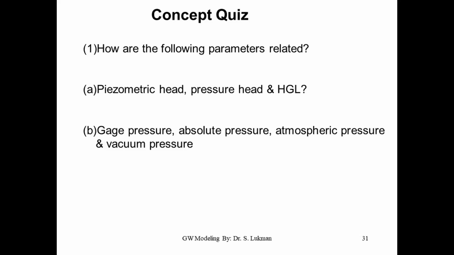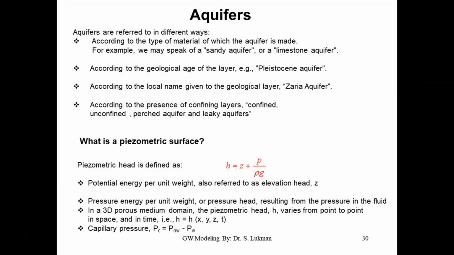I just finished explaining the piezometric head, isn't it? But even that, some of you didn't get it right, because we said piezometric head, it is just in the previous slide. Piezometric head is defined as H equals Z plus P over rho g. And we said the pressure head is what? P over rho g.